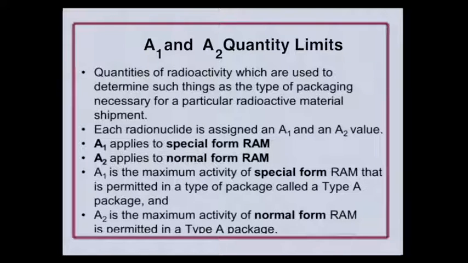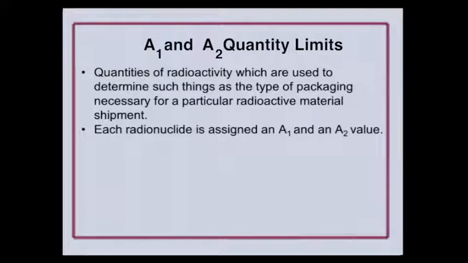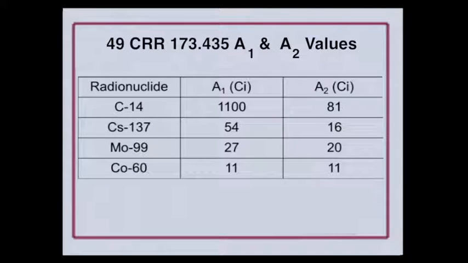Now, I've taken the actual table and just picked out some to give you an idea of the relative values that you're looking at. Carbon 14, you can see 1100 versus 81 for special form versus normal form.